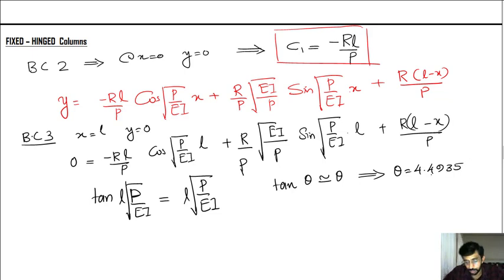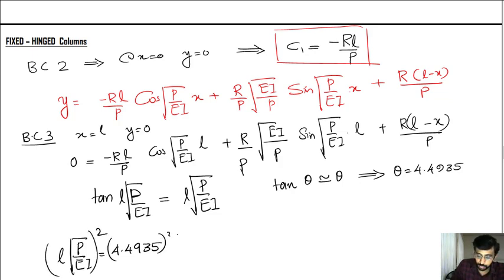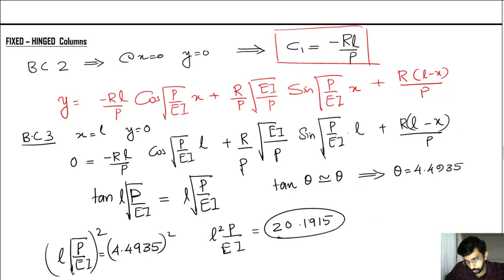Only for this particular angle, tan theta is approximately equal to theta. So L into root of P by EI equals 4.4935, and if we square both sides, we get L square into P by EI equal to 20.1915.